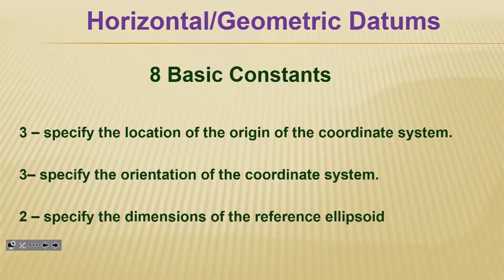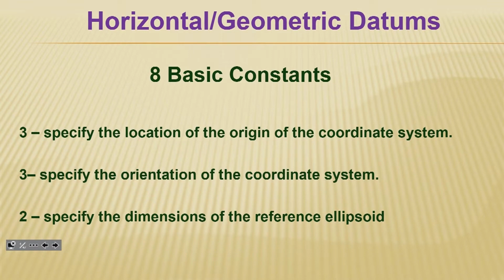And if you know these 8, you know the game. And by saying the name of a datum, so if I say, for example, NAD 83 or NAD 27, I am defining these 8 constants. Right? So 3 define the location of the origin of the coordinate system.